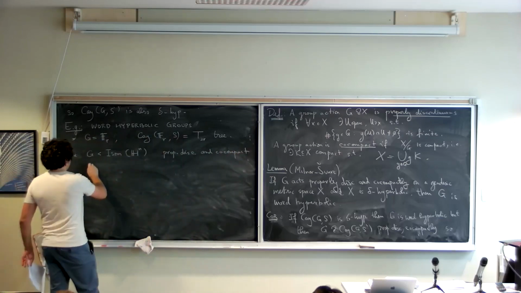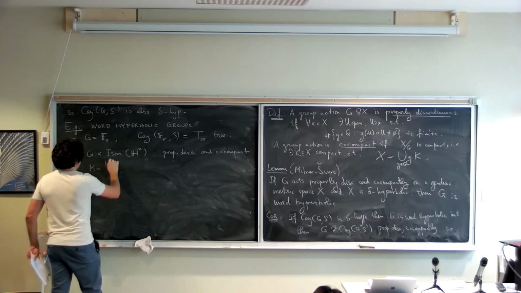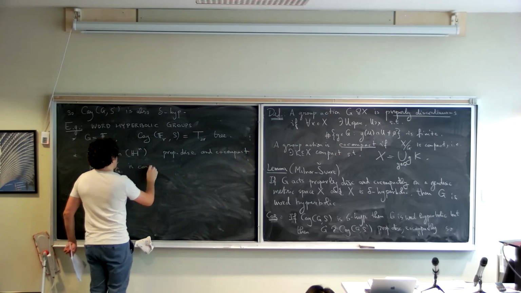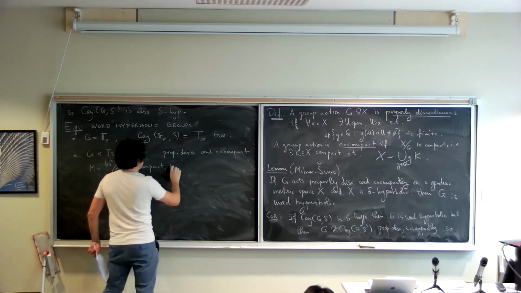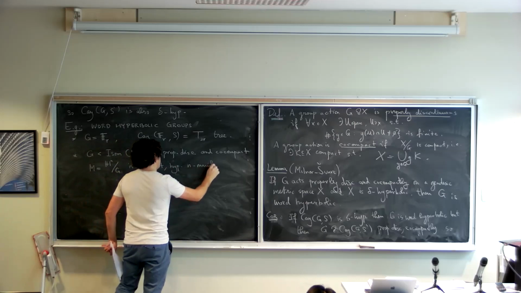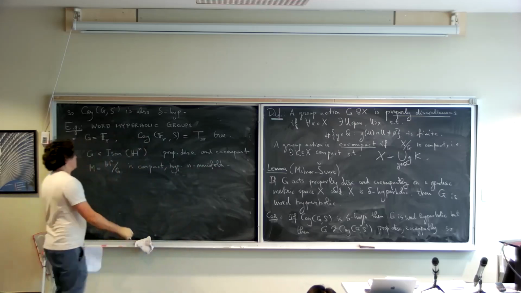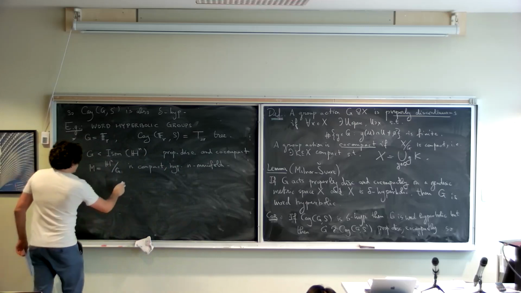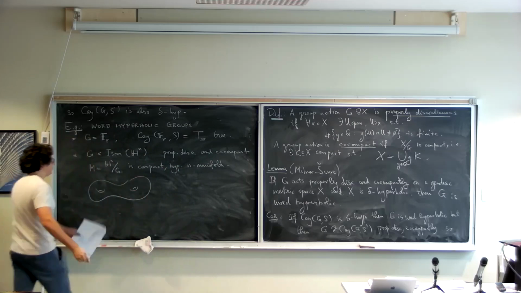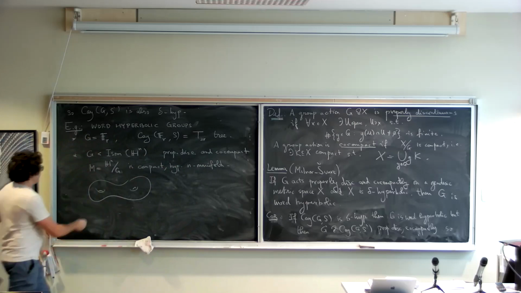And so then M, the quotient of H^n by this action, is a compact hyperbolic n-manifold. So the classical case here is a closed surface.